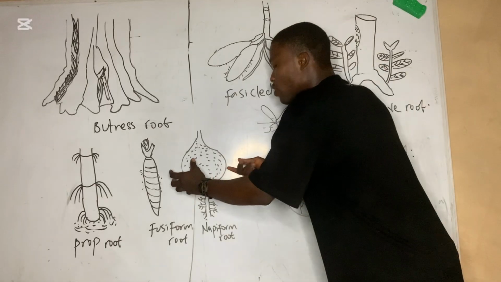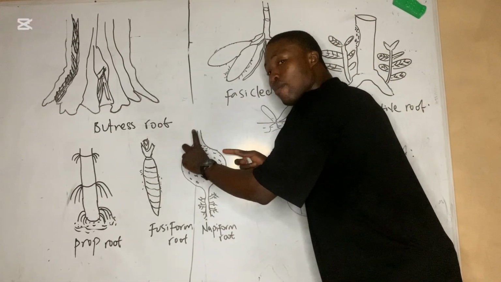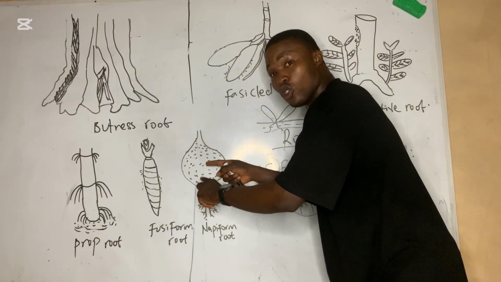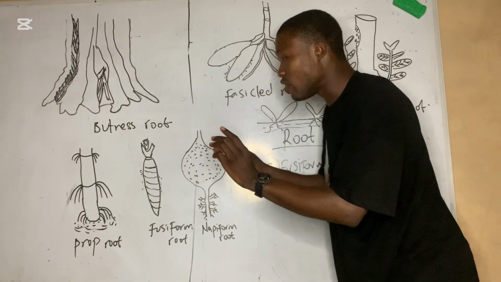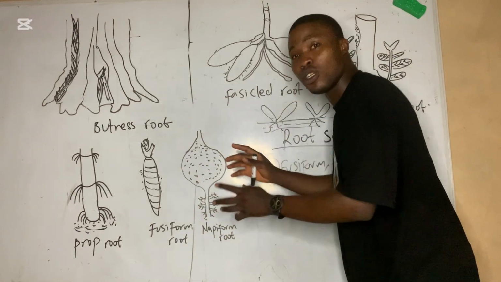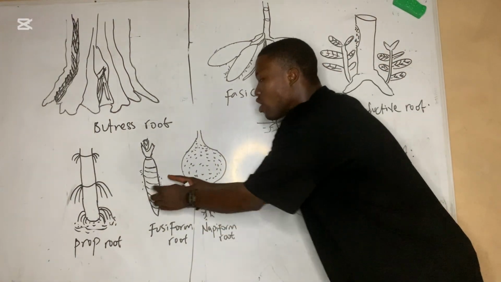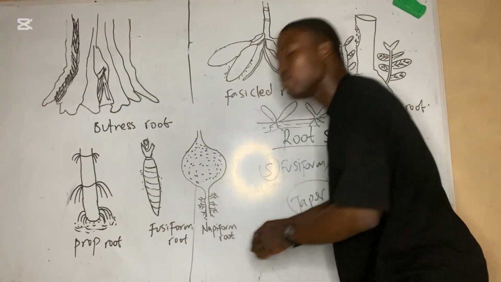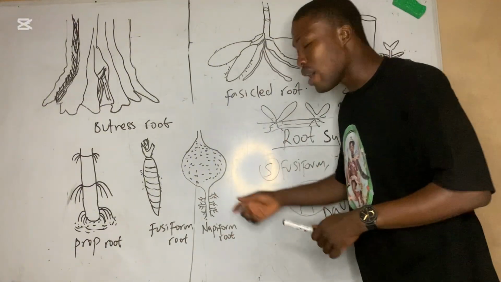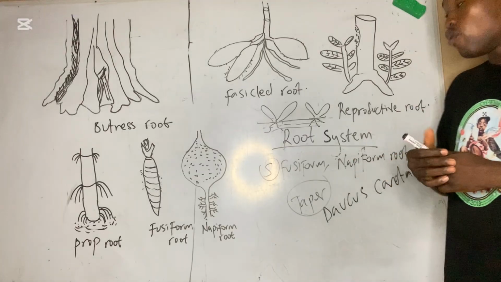So you have a root that is swollen, and remember, it stores food, so it's a tuberous root. The difference between this one and this one is that this is a single taproot system, swollen at the middle, and tapers off immediately. This one gradually tapers off. This one tapers off immediately. Sugar beet is Beta vulgaris.